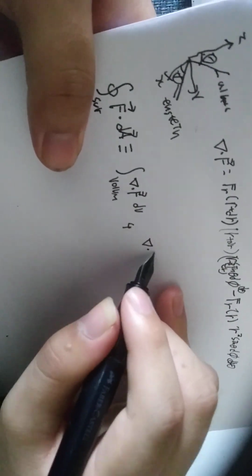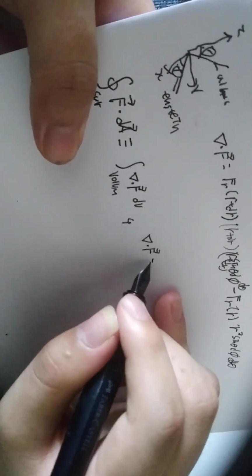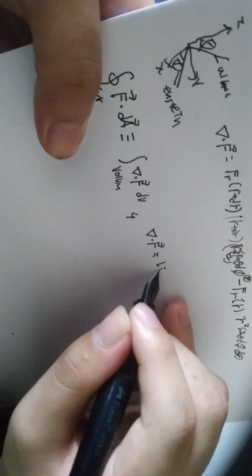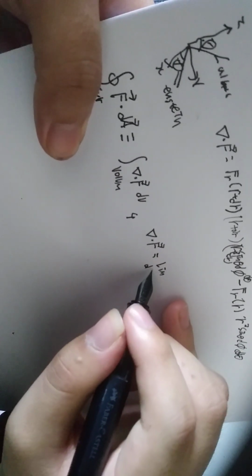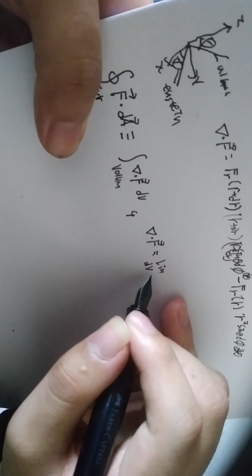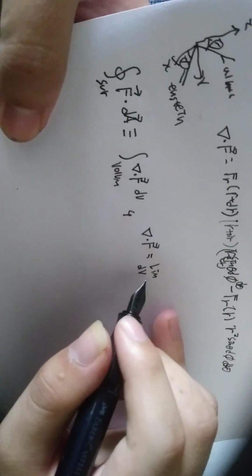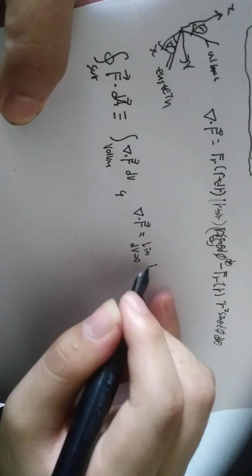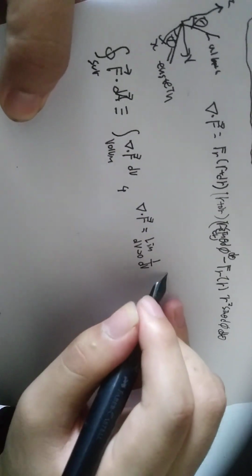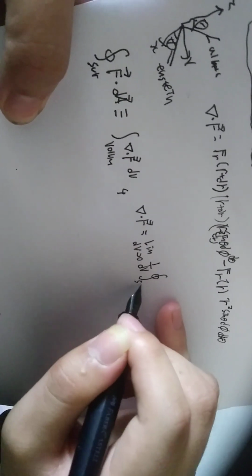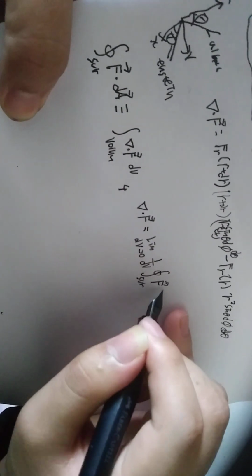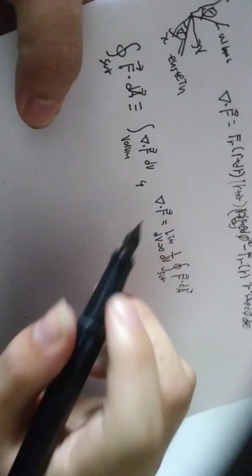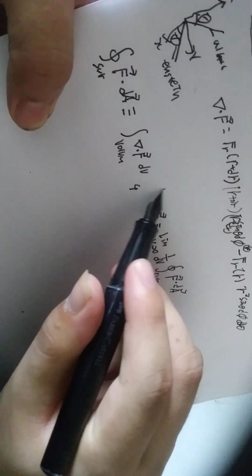So, eliminating the integration sign, the limit of the volume element surrounded by the closed surface you're doing the integration over approaches 0. So this is the definition of the divergence.